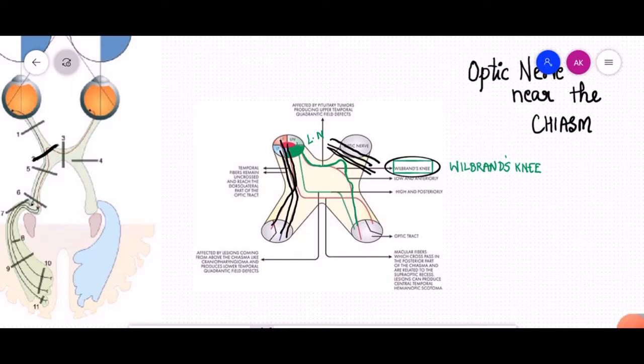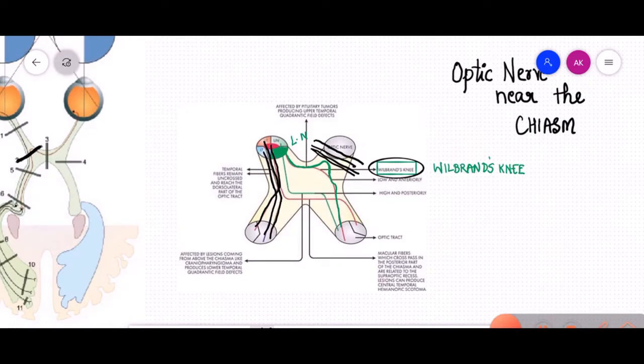Okay, the corresponding defect to this Wilbrand's knee. Now, what is that defect? I already told you that Wilbrand's knee is carrying the fibers from the lower nasal part of the optic nerve, and that the representation is reversed and inverted.